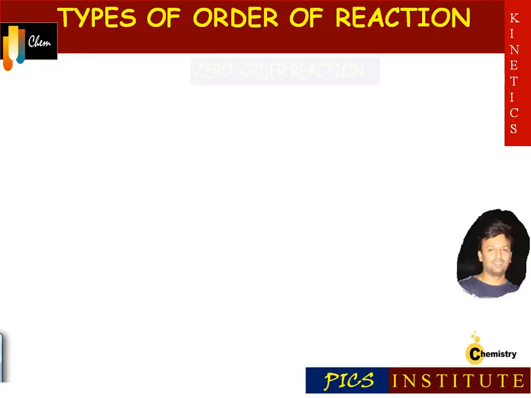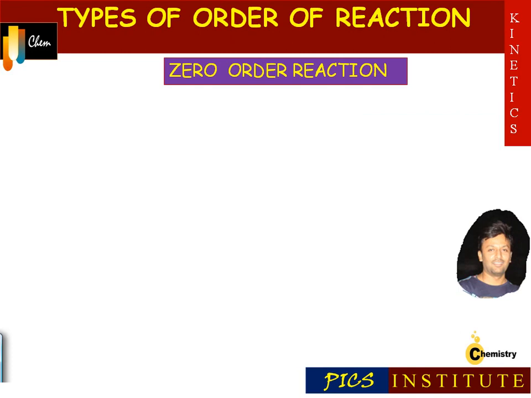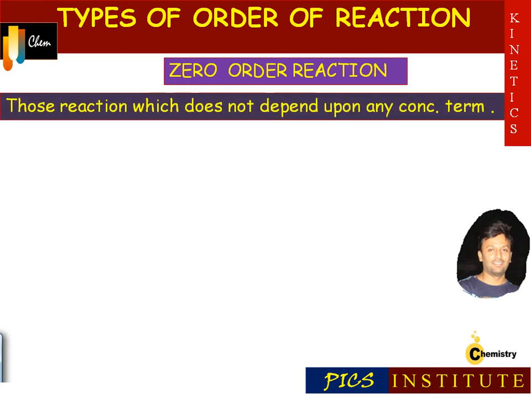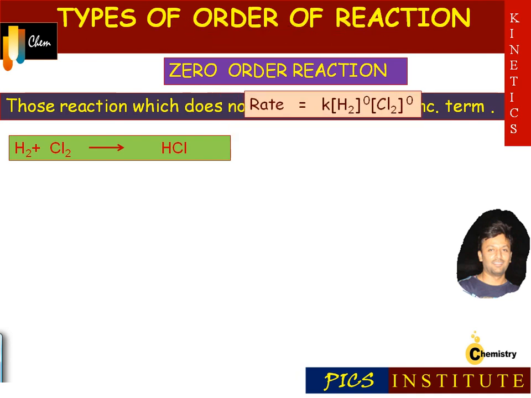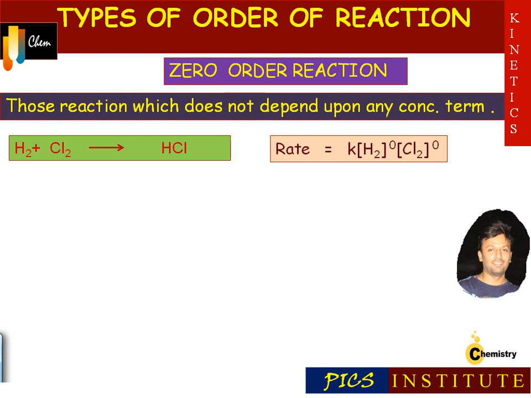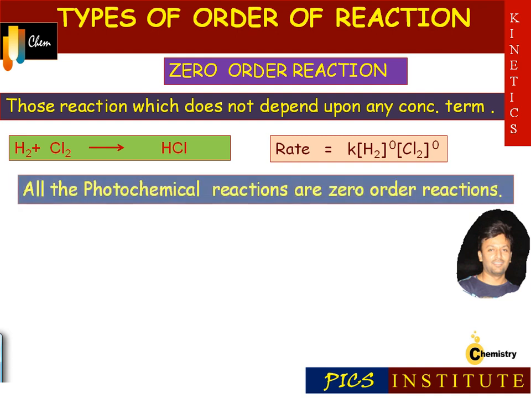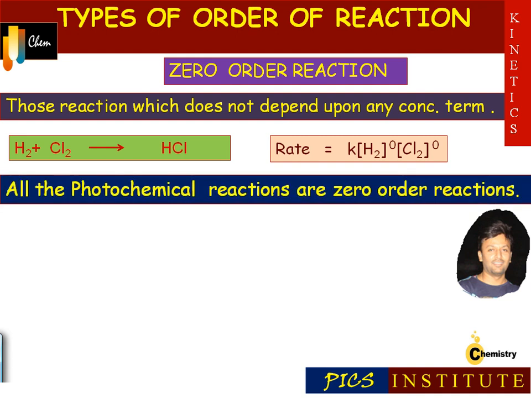Types of order of reaction. Zero order reaction: these are those reactions which do not depend upon any concentration terms. In rate law expression, the powers are zero. It means the rate of such reaction does not depend upon concentration. All the photochemical reactions are zero order reactions.